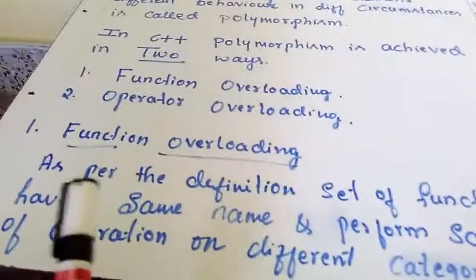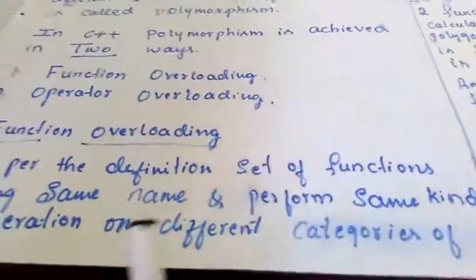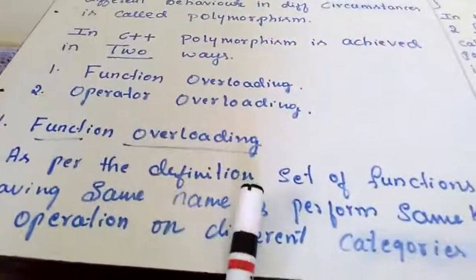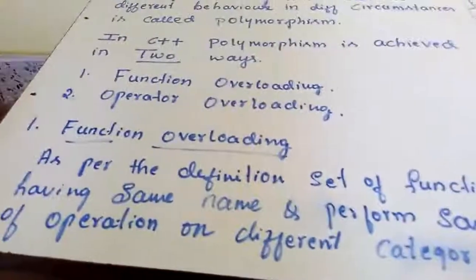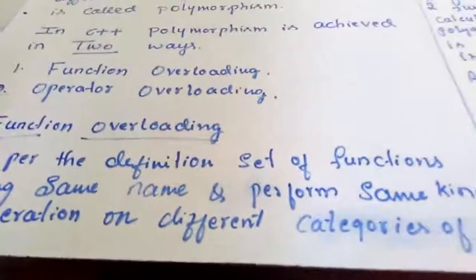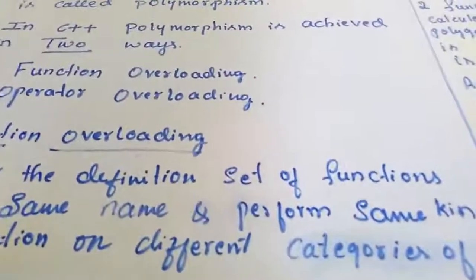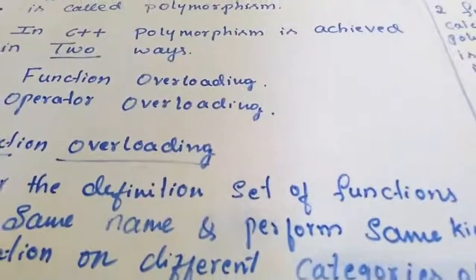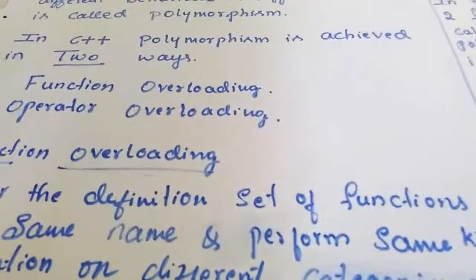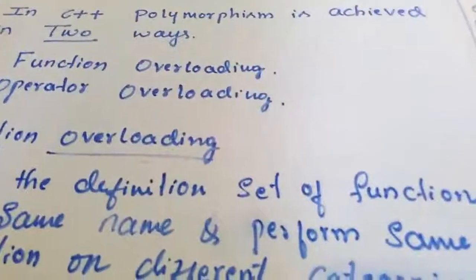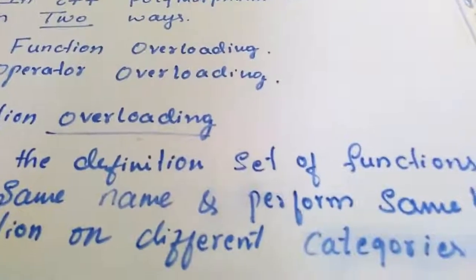As per the definition, a set of functions having the same name perform the same kind of operations on different categories of arguments. If you consider volume of cone, volume of cylinder, volume of cuboid, all function names are volume and the task is volume. We are going to calculate volume.